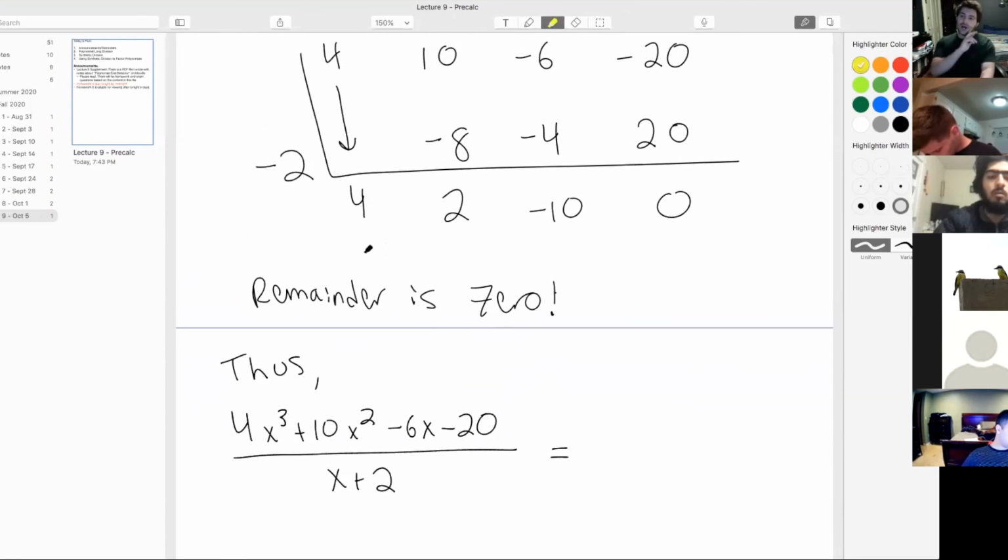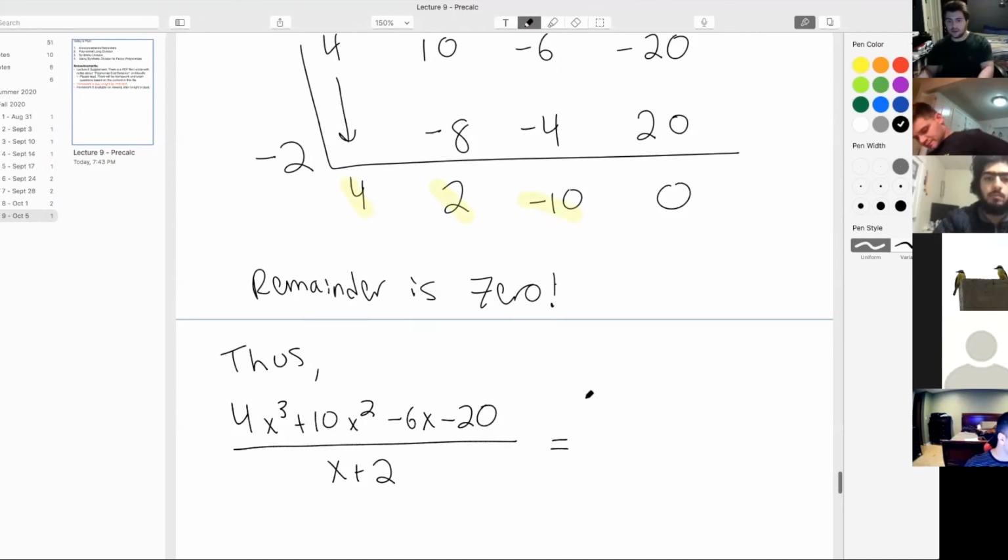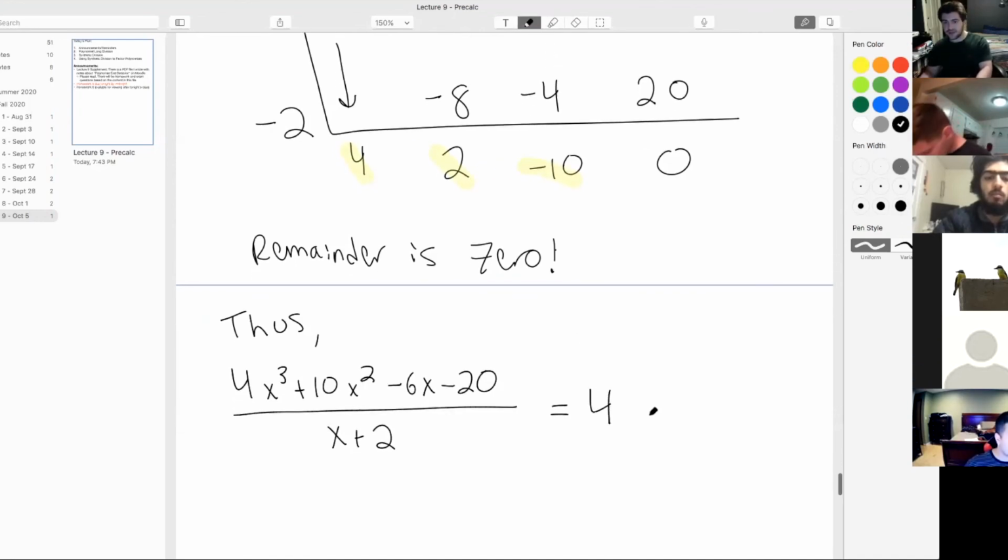Remember, the other numbers in this bottom row are the coefficients of the quotient. So it will be 4x squared plus 2x minus 10. That's how I get this on the right-hand side.